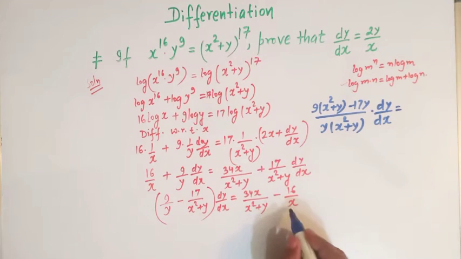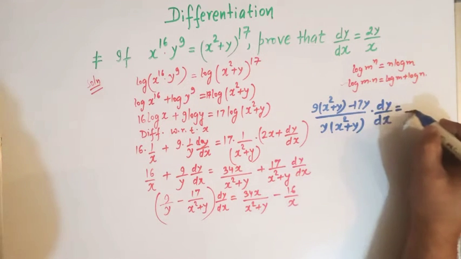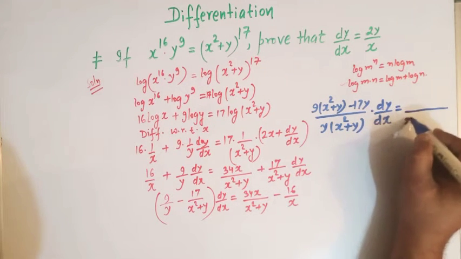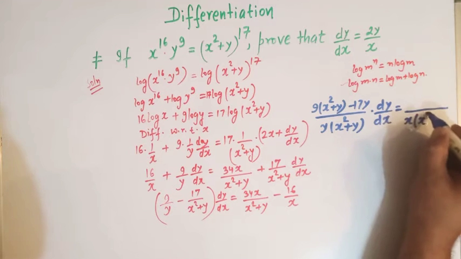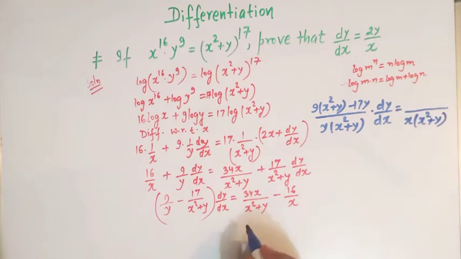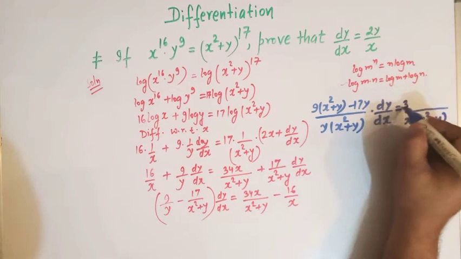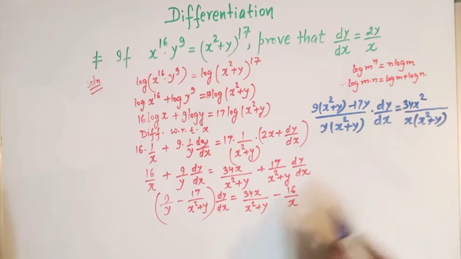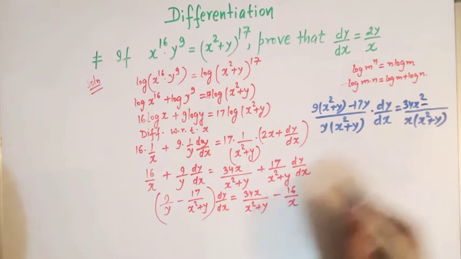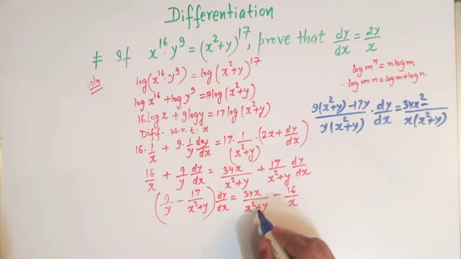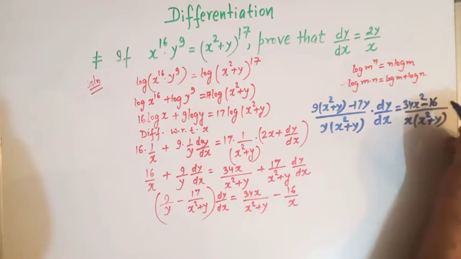And similarly here we take the LCM, that is x times (x square plus y), and we have x times 34x, that is 34x square, minus 16 times (x square plus y).